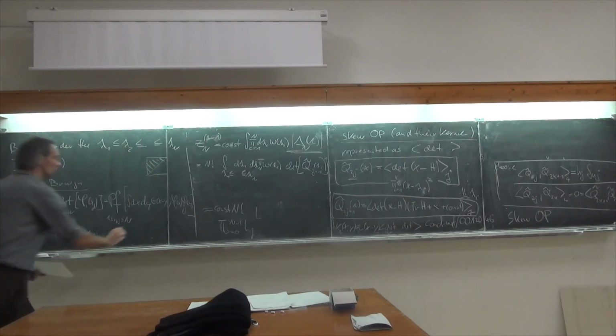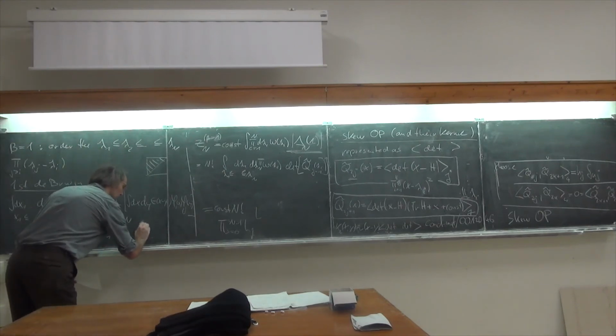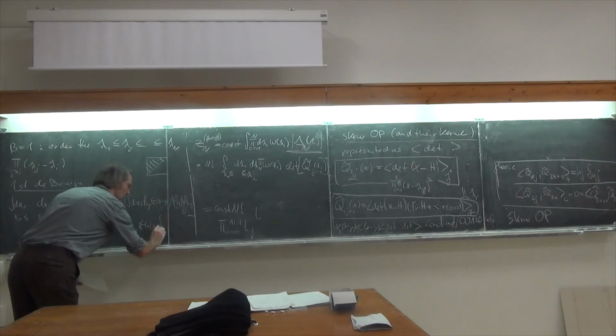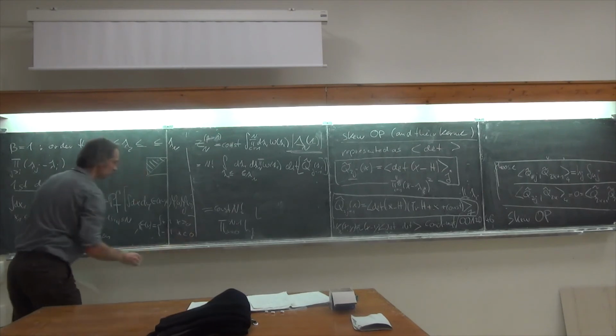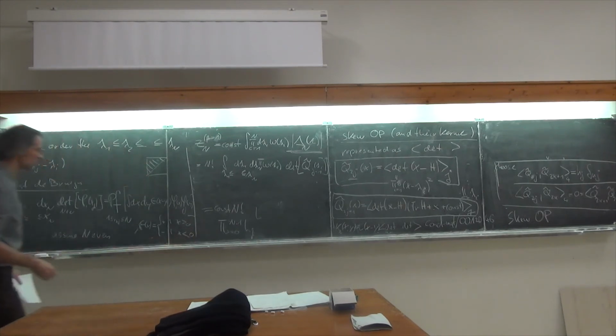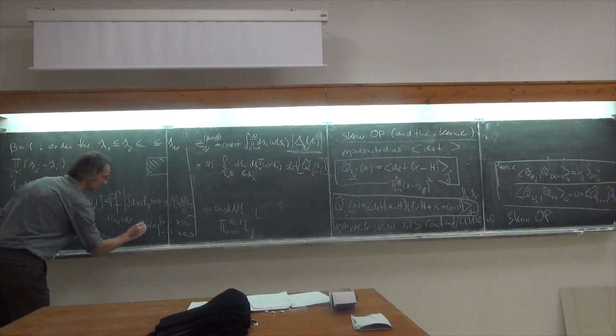Okay, and the epsilon is just that function. So it's plus 1 for x larger than 0, minus 1 for x less than 0, and for 0 you can define it as you like, because this is a point of measure 0. Okay.